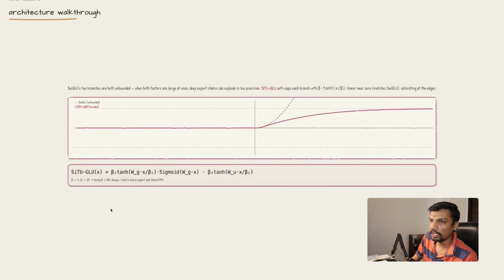The beta dot tanh of x divided by beta term acts as our soft governor here. Near zero, it behaves with the exact same expressive smoothness as SiTU-GLU.